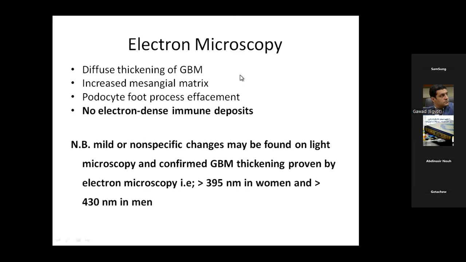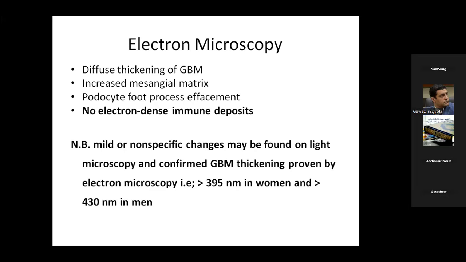Under electron microscope, what we see is just a reflection of what we see under the light microscope. So if we have seen thickening of the glomerular basement membrane under light microscope, under electron microscope we will see diffuse thickening of the glomerular basement membrane. The same for the mesangial expansion, the same for podocyte affection, which is secondary to the thickening of the glomerular basement membrane. So we'll see effacement of podocytes.